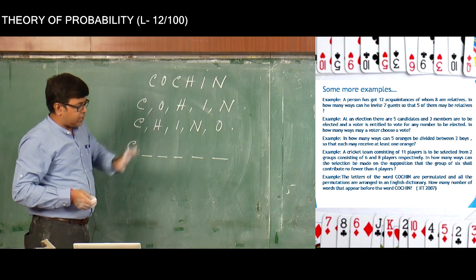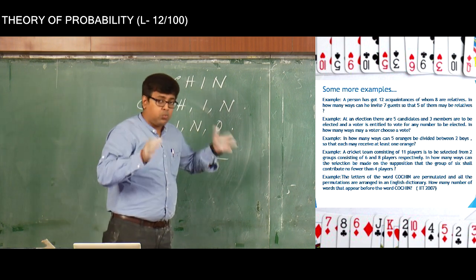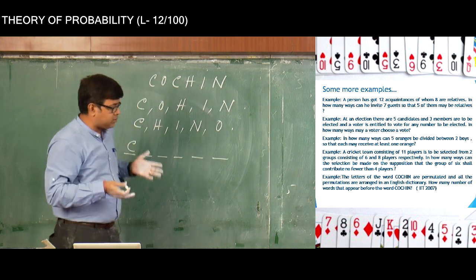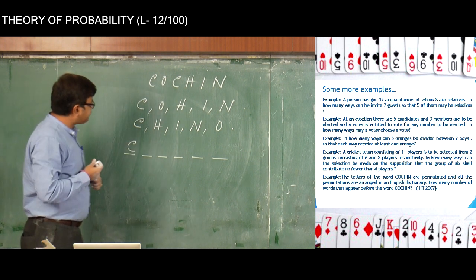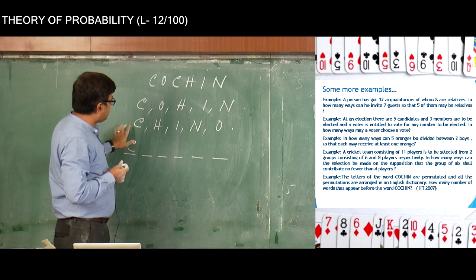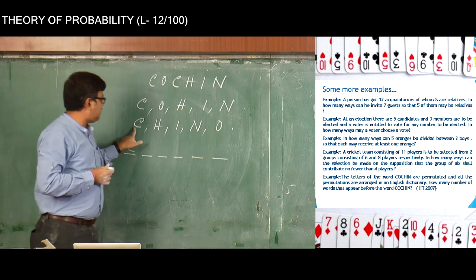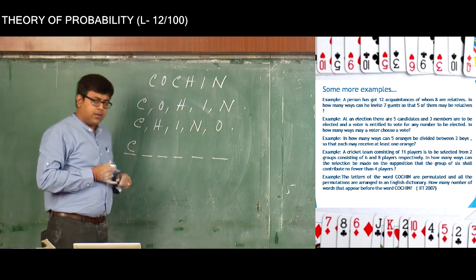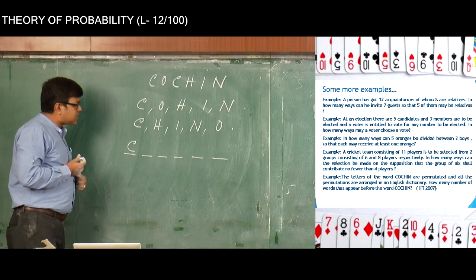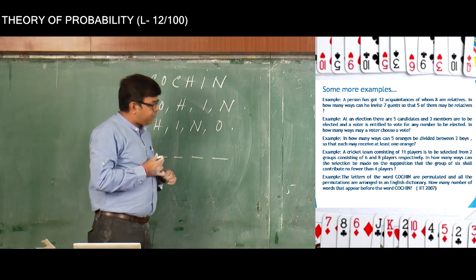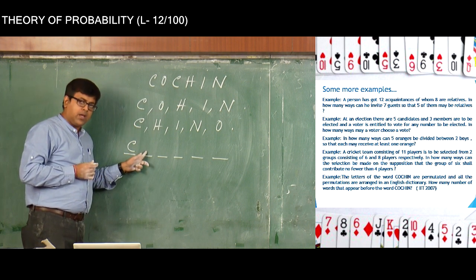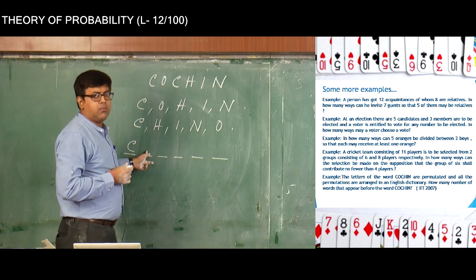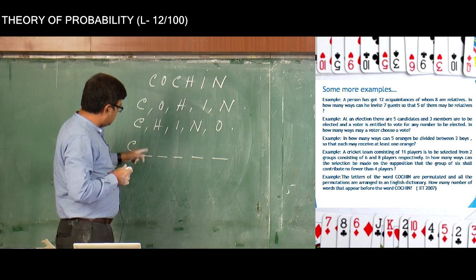Before I come to the conclusion of what the position of the word Cochin is, in the second position, as you can see, we are left with these 5 letters: C, H, I, N, O. Now, obviously, if you have to form the word Cochin, the alphabet O should come over here, but we do not place O here yet. Why?